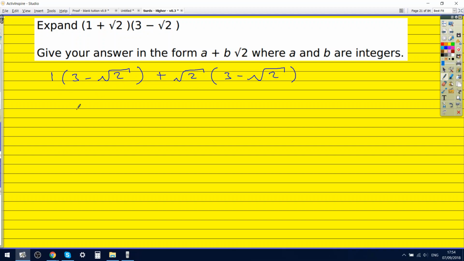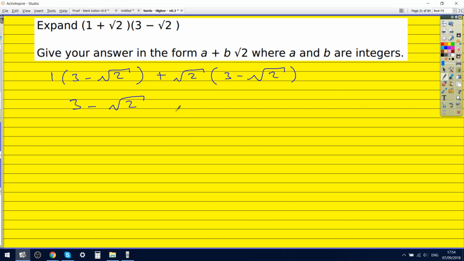You expand them. You just do, so it's 3 minus root 2, and then root 6? That would be if this was root 3. This is just 3.